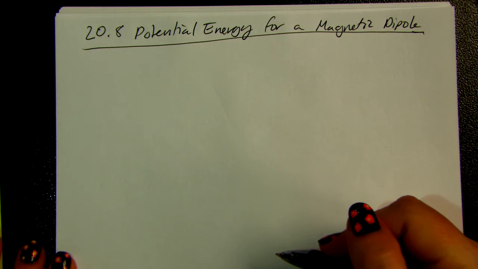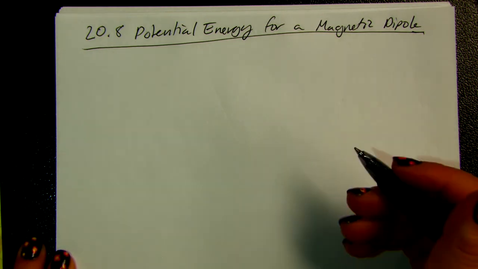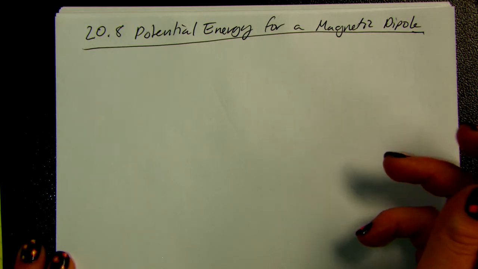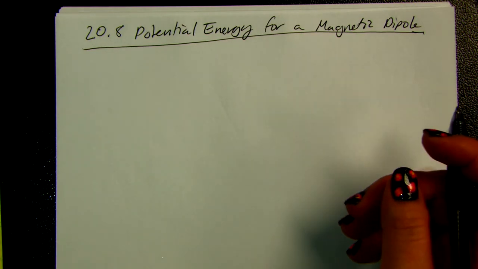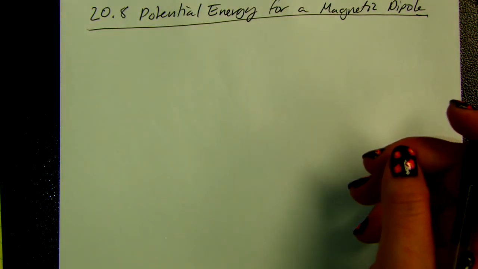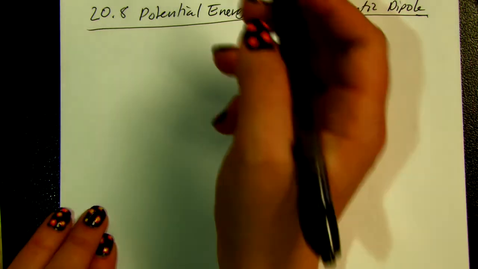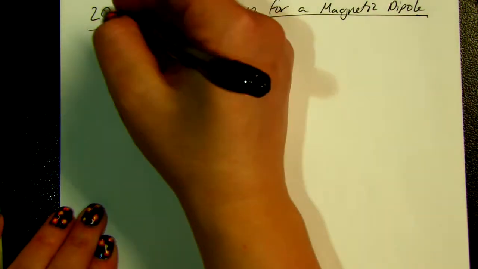We've already connected our electric and magnetic forces, and we used that to find torque, which was a concept from Physics 1. Now we're going to start looking at potential energy for magnetic dipoles.